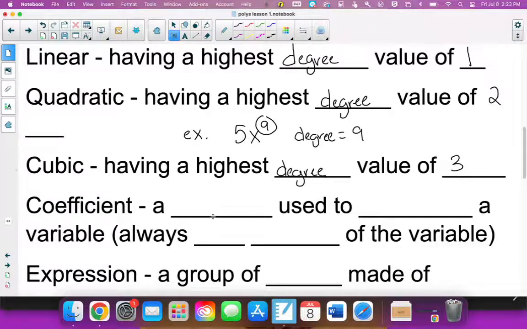Okay, now these should be some of the words that you already know, again, from last year. A coefficient is a number, right? And it's used to multiply a variable. You're putting a number in front of a variable, and you're basically stating, this one here, if we ignore the 9, this is 5x.